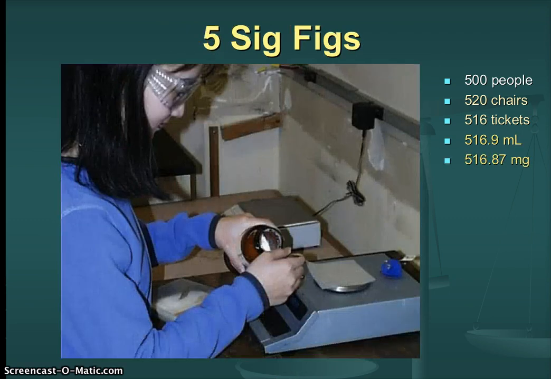Speaking of chemistry labs, we're definitely there in 5 sig figs. It doesn't matter if you're measuring milliliters of dosage or milligrams of anything. If you have something that is toxic before the chemical reaction and harmless after the chemical reaction, you want the exact amount that you need.